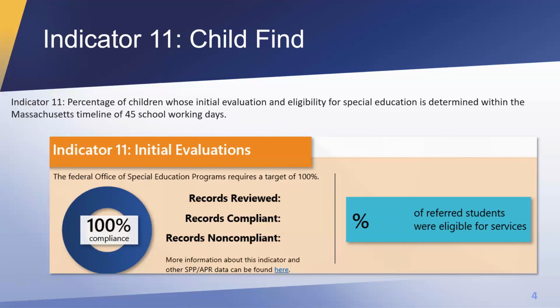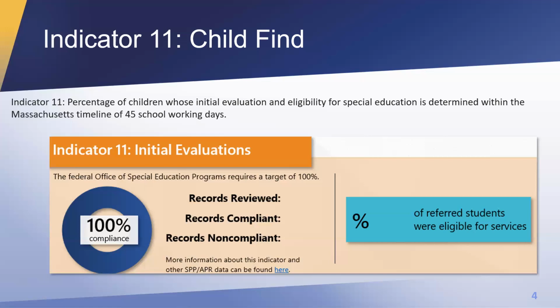When a record is reviewed, it's determined compliant if the initial evaluation and eligibility was determined within the Massachusetts 45 school working day timeline, or if the reason for delay met federal and state exemption requirements. Per federal requirements, those records meeting federal compliance exceptions are not included in the compliance percentage.